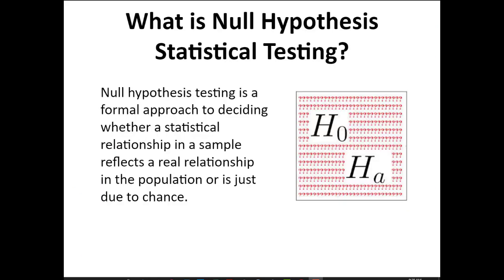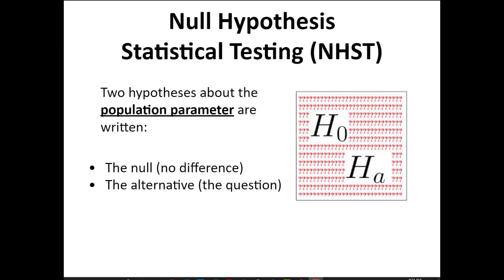So what is null hypothesis statistical testing? Null hypothesis testing is a formal approach to deciding whether a statistical relationship in a sample actually reflects the real relationship in the population or if it's just due to random chance. Null hypothesis statistical testing, you often see this abbreviated as NHST.